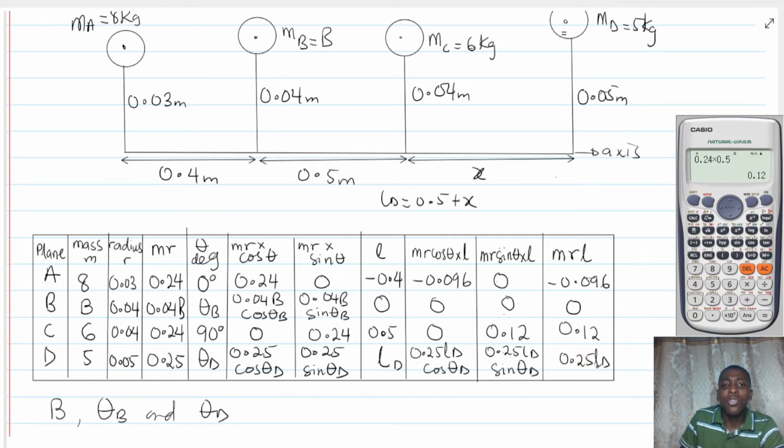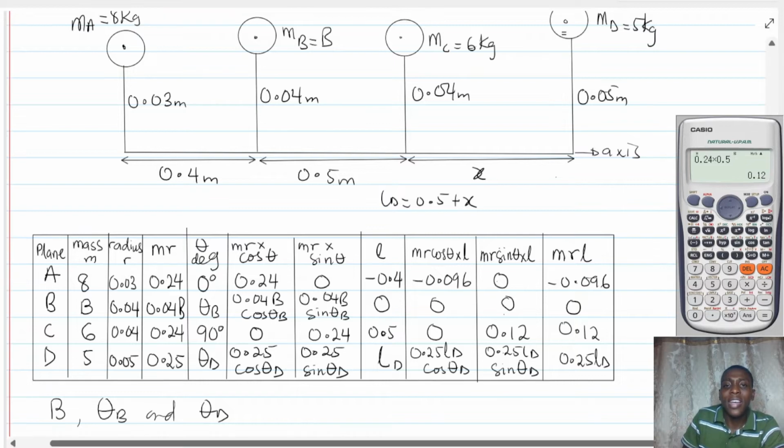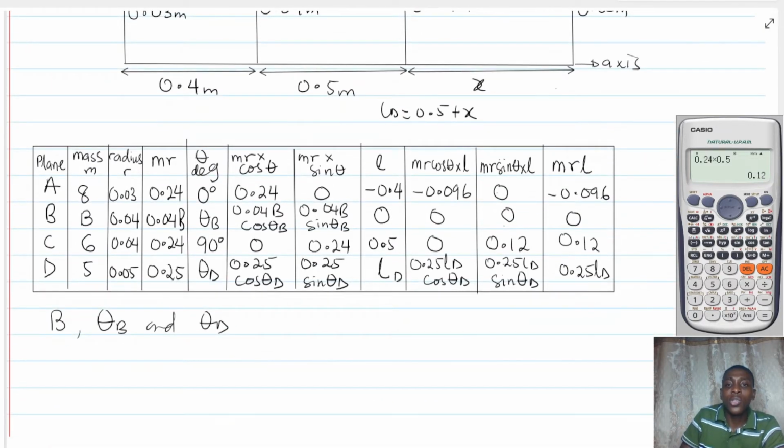Now, how do I solve for the unknowns? The first thing to do is to sum MR cos theta multiplied by L to be 0.